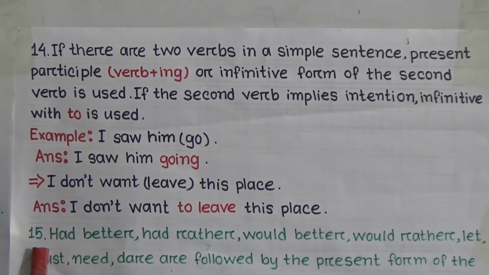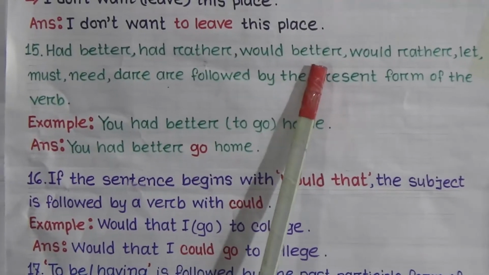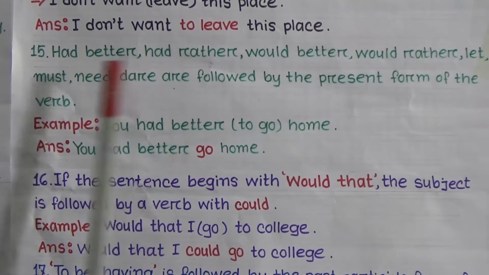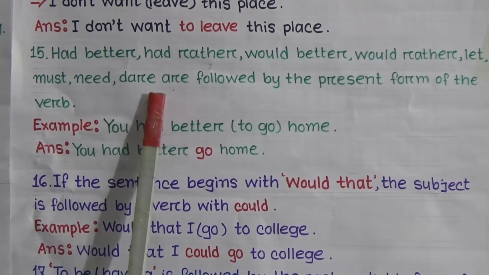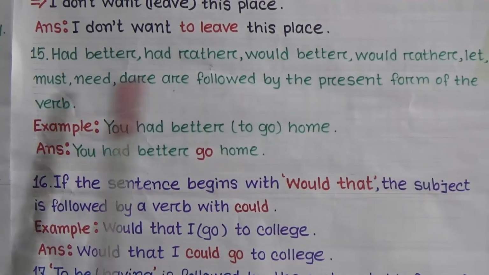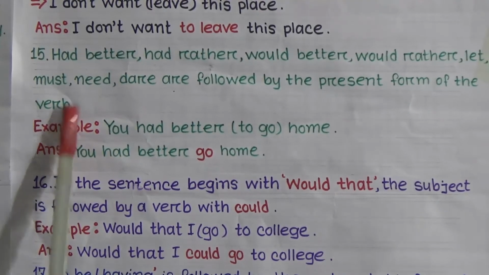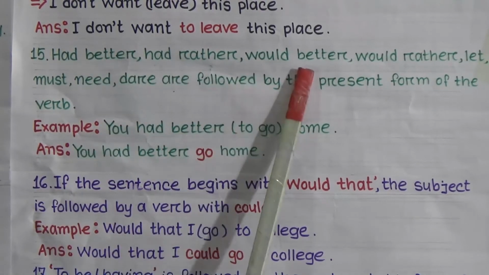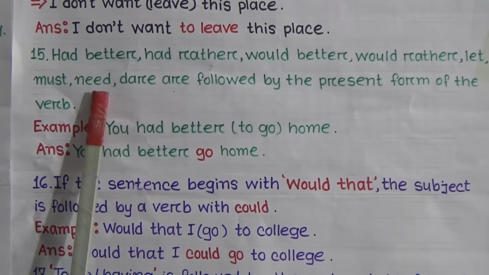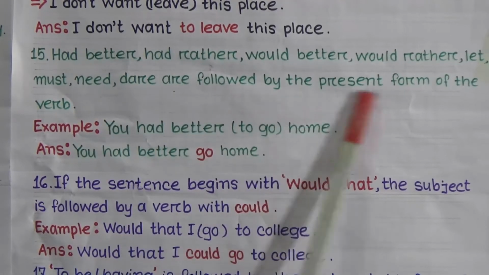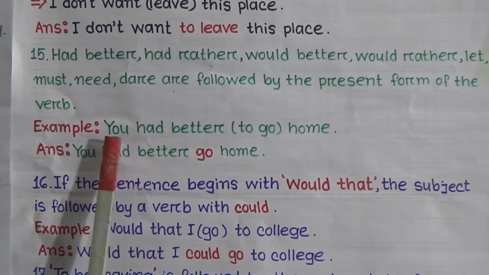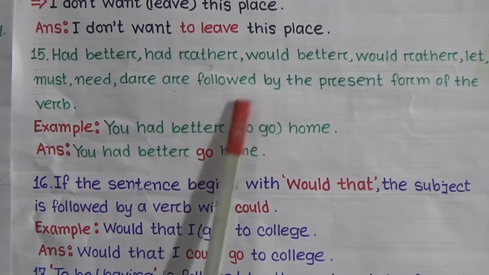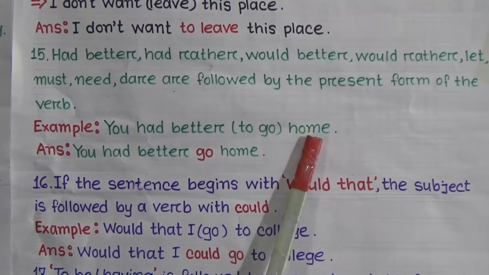Now, number 15. Had better, had rather, would rather, let, must, need, dare are followed by the present form of the verb. For example, you had better (to go) home.